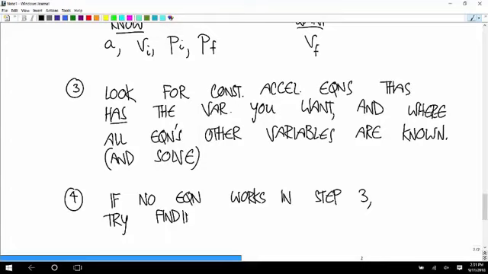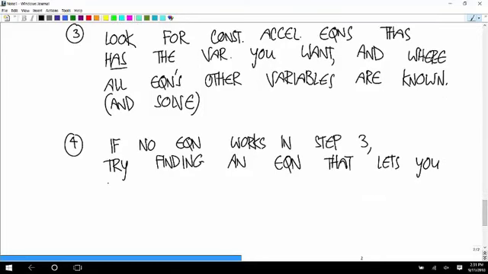try finding an equation that lets you solve for another unknown variable.